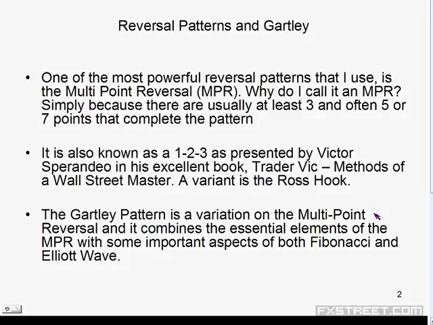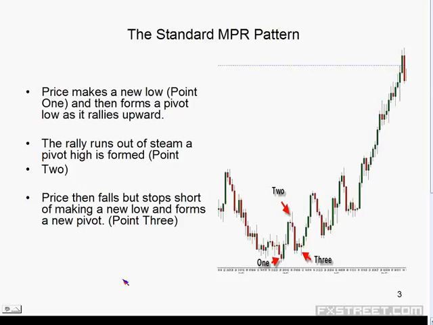But the Gartley is a variation on the multi-point reversal, and it brings in the most important parts of the MPR, multi-point reversal, with Fibonacci and Elliott waves. And the one thing I've missed out there is candle analysis as well, because I use candles as the final trigger, if you like, to place the trade.